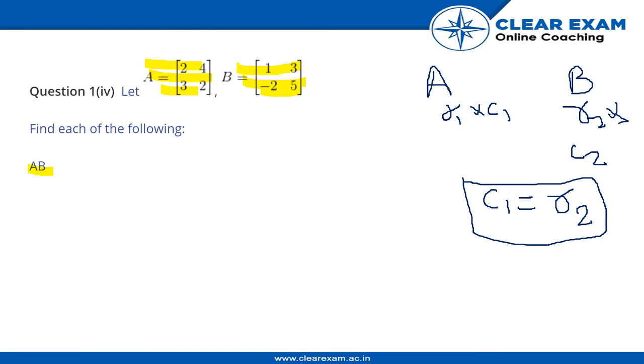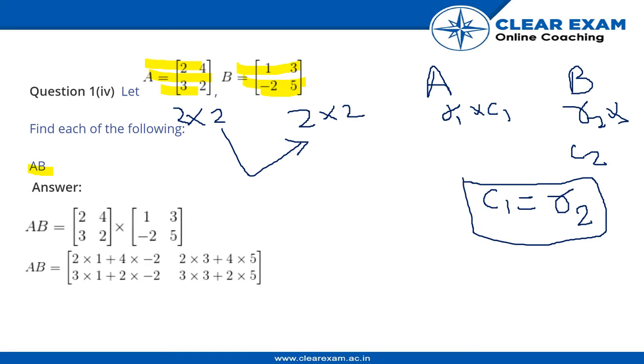So let's see. This matrix has order 2 into 2. This matrix also has order 2 into 2. And we see that the number of columns in the first matrix is equal to the number of rows in the second matrix. So let's do it. Okay, so how do we perform the multiplication operation?